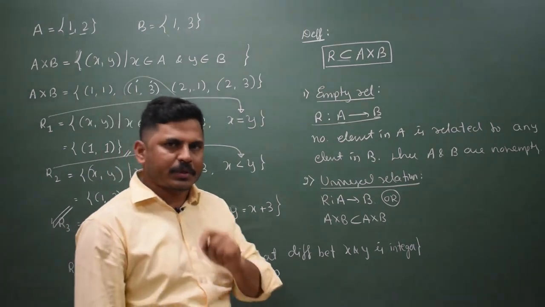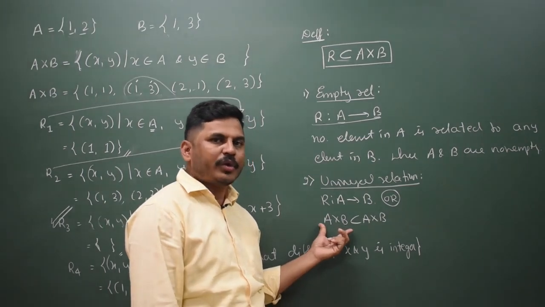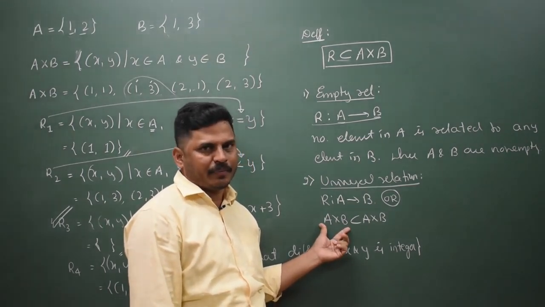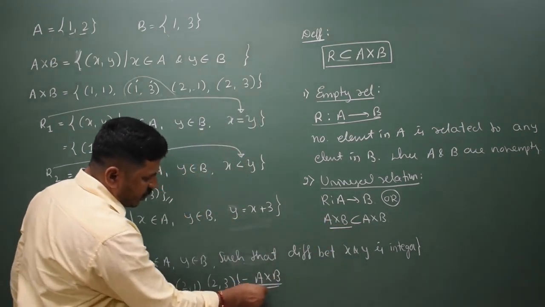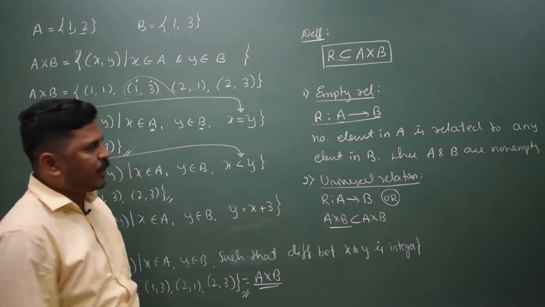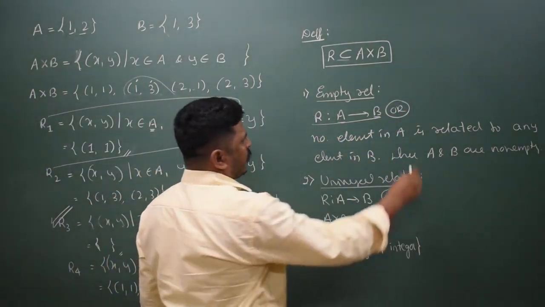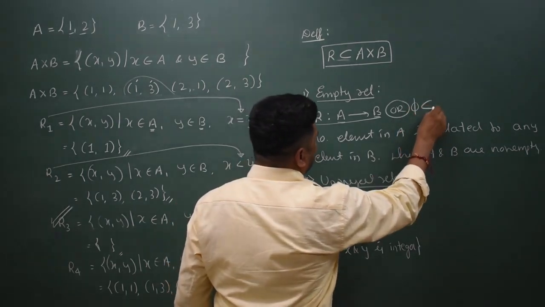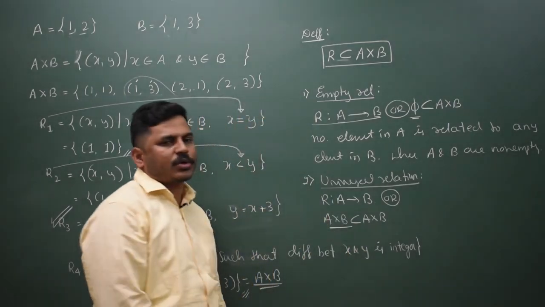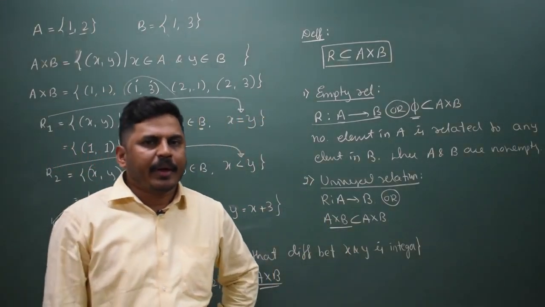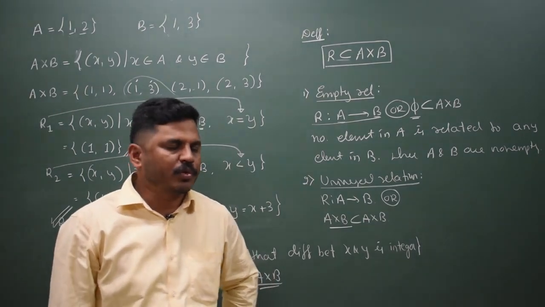A cross B is a subset of A cross B. Hence, A cross B is called universal relation from A to B. Here too you can write it like that. In the empty relation also you can write it like that. We know that the null set is a subset of A cross B. Hence, the null set is called the empty relation from A to B.